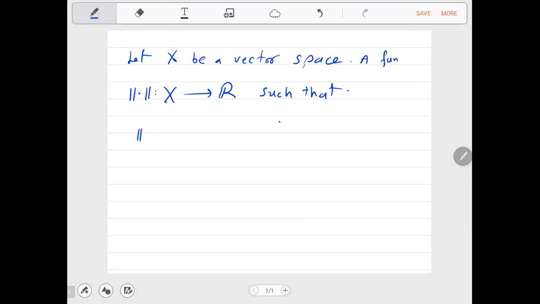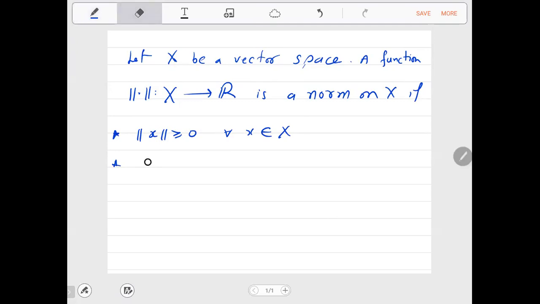A function is a norm on X if it satisfies these properties for all x belonging to X. Norm of x is equal to 0 if and only if the vector is the zero vector.